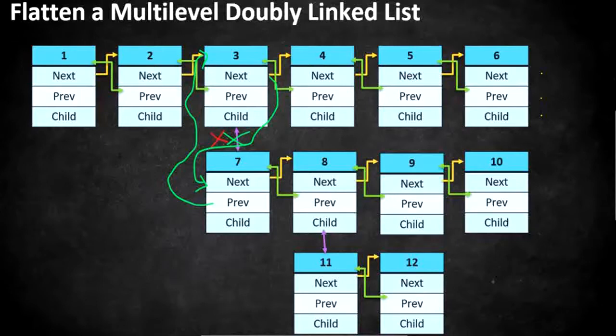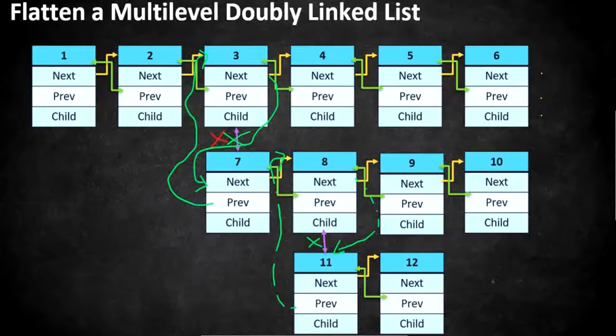The same happens to 8 and 11. So 8's next will be connected to 11 and 11's previous will be connected to 8, and the child will be set to null, because since they are in the same level, we should remove the child to make it a single level.